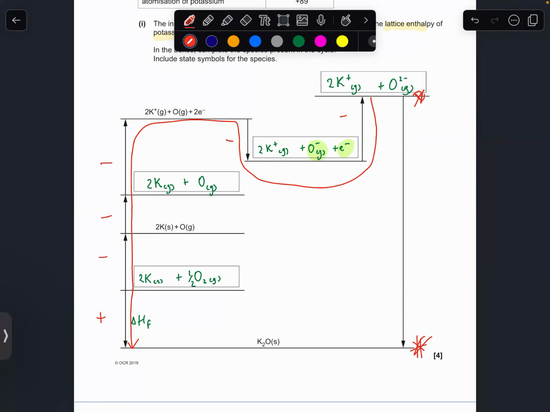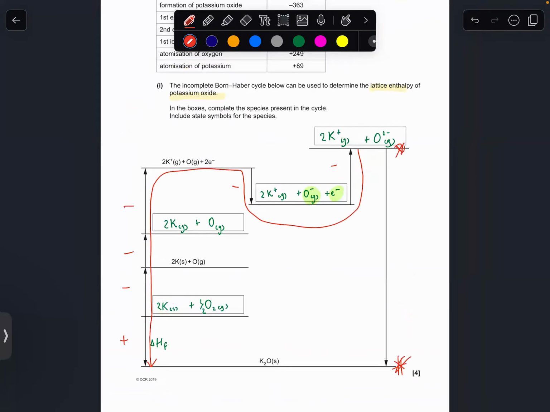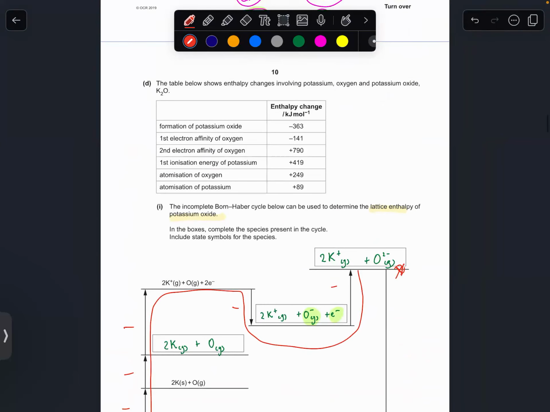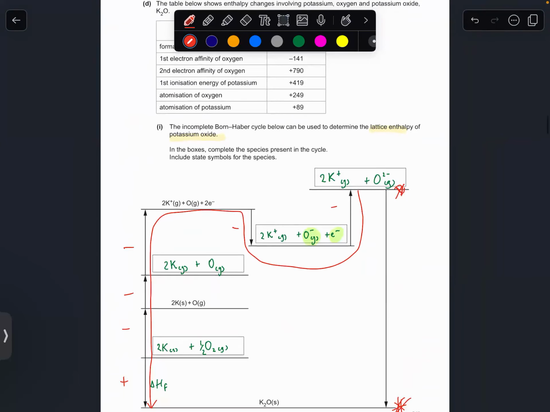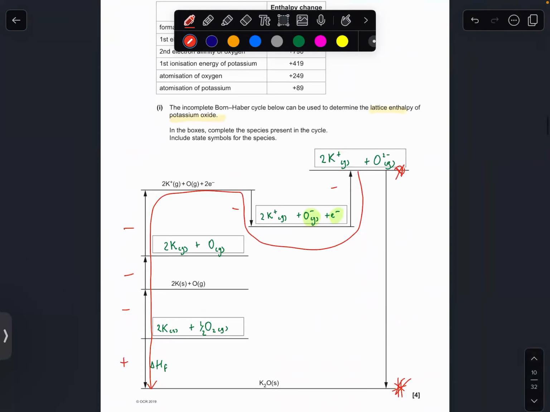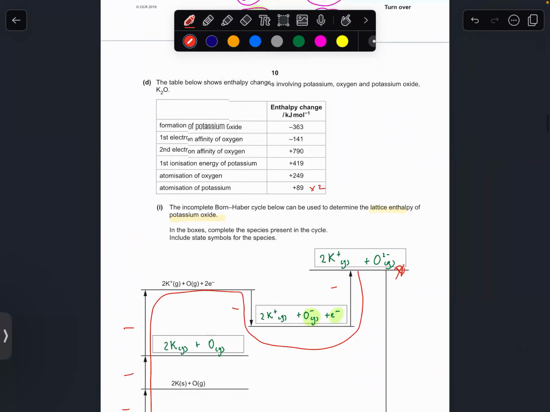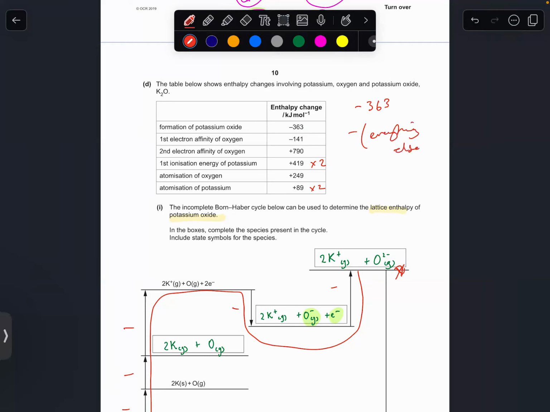Yep. So all we need to do, we need to be mindful of potassium because we're dealing with 2 moles when we're atomizing it. And first ionization energy of potassium will also be doubled. Yep. So let's work this out. Minus 363 minus everything else. Let's try that.